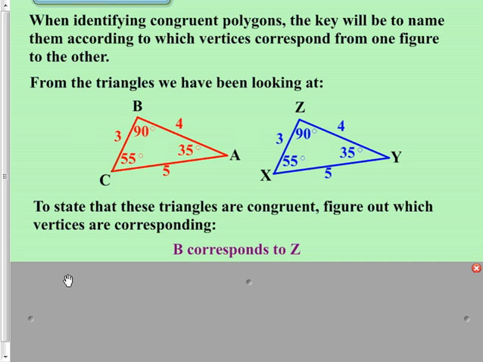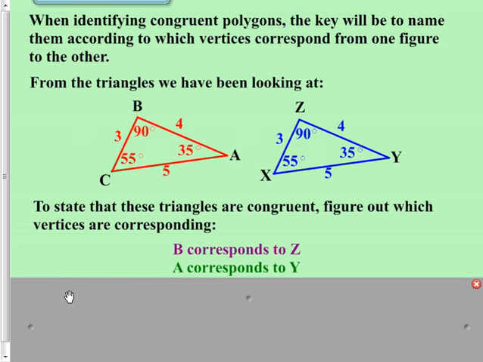B is between the 3 and the 4, those two sides that measure 3 and 4. Z is also between the two sides that measure 3 and 4. So it's very clear to see that vertex B from the red triangle corresponds to vertex Z from the blue triangle. Similarly, vertex A would correspond to vertex Y.